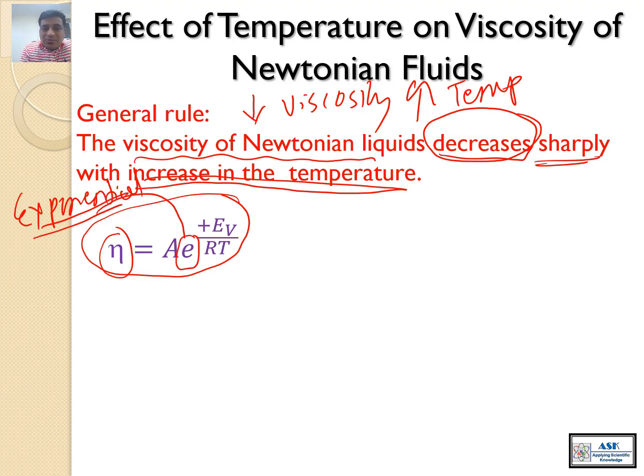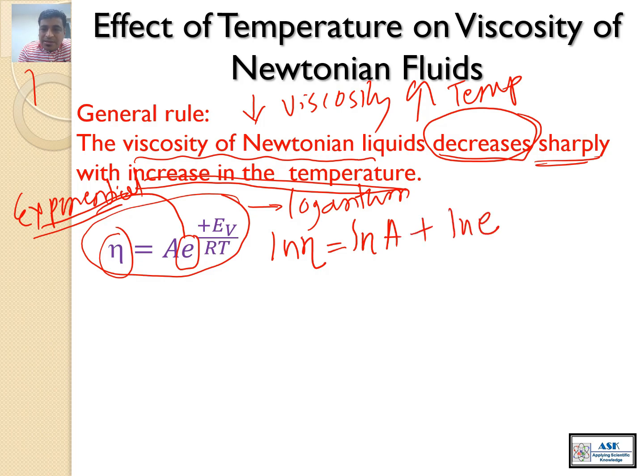Now, in order to convert that exponential function into a linear function, what do we have to do? We have to take a logarithm. So let's take a logarithm of both sides. ln eta is equal to ln A plus ln e raised to the power of Ev divided by RT.